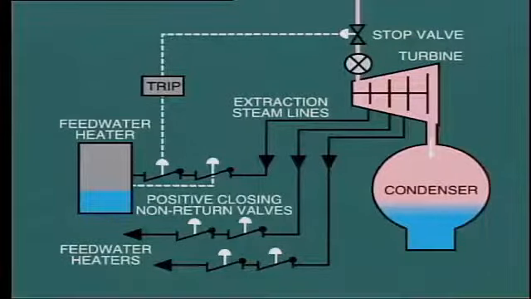If the water level in the heater rises above a predetermined level, the sensor will operate the trip relay to positively close the check valve. These positive closing check valves also trip closed in the event that the turbine stop valve is tripped closed. They are force closed about 10% and reverse flow completes the closure.